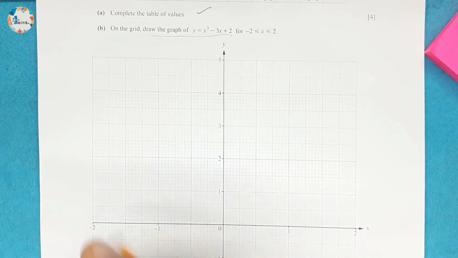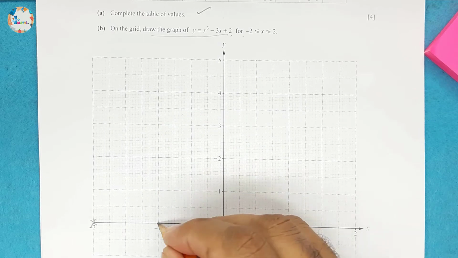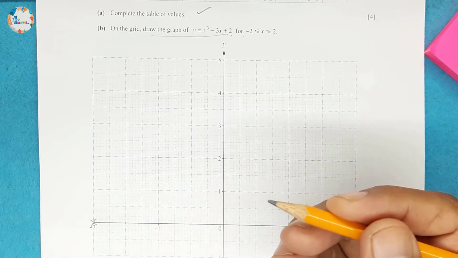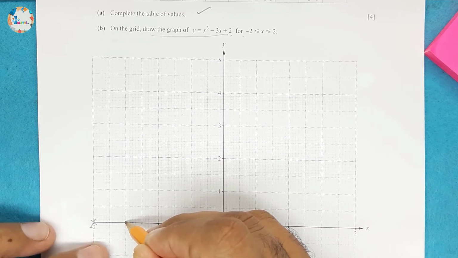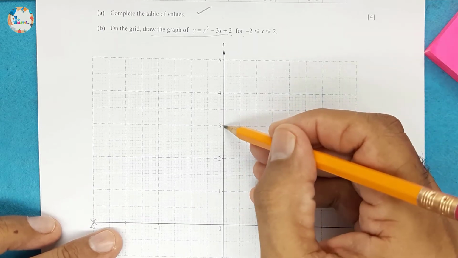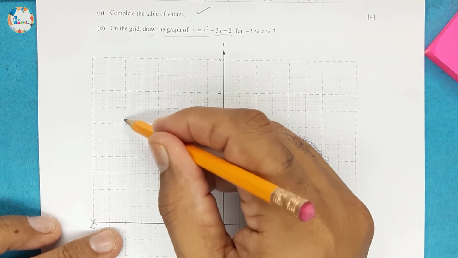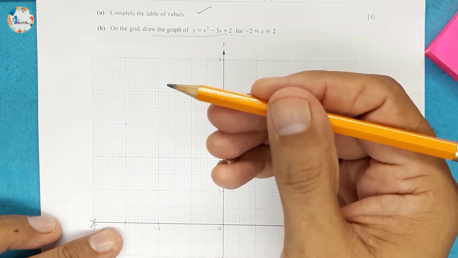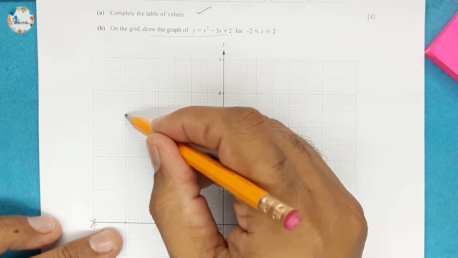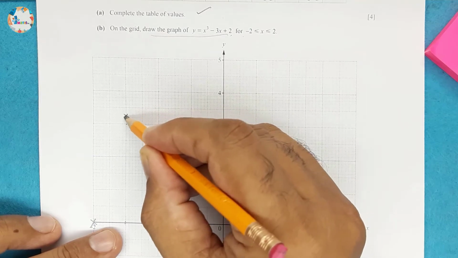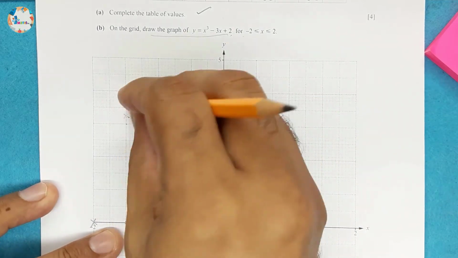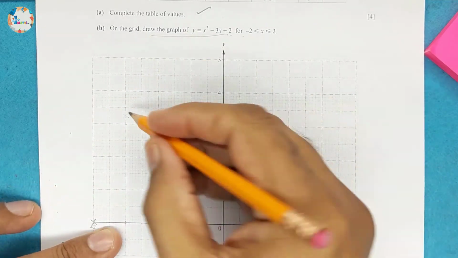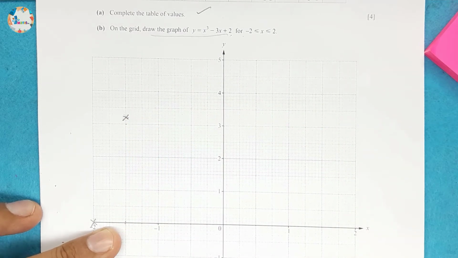Minus 2 and 0 will be this point. Minus 1.5 and 3.125 will be over here, so we can mark it here.